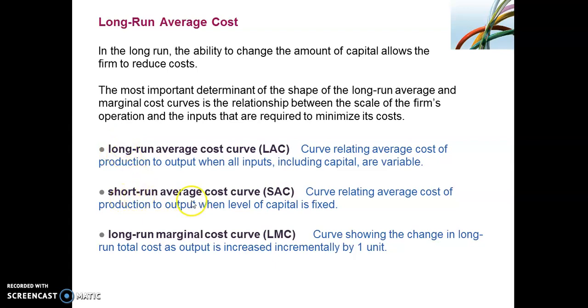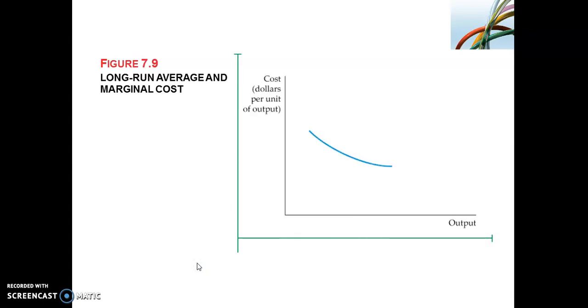Whereas your short run average cost curve is going to be a curve that is relating average cost of production to output when capital is fixed. And then lastly, your marginal cost curve in the long run is going to show a change in your long run total cost as output is increased by 1 unit, hence that marginal aspect of the definition. We'll continue with figure 7.9.